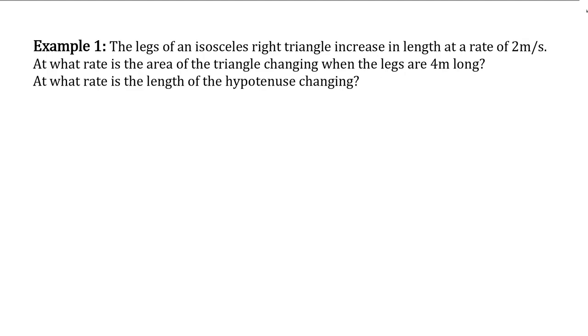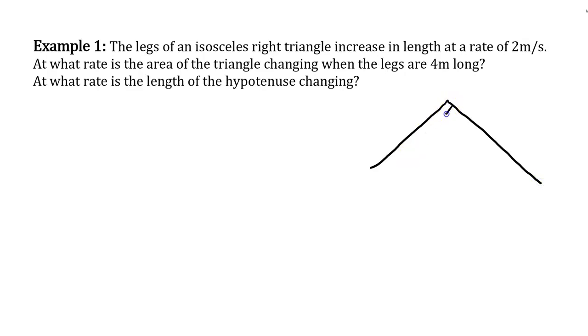So an isosceles right triangle must be something like this, where we have the right angle and then the two legs that are the same length, and then the hypotenuse will be different.